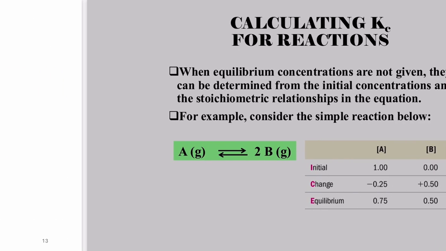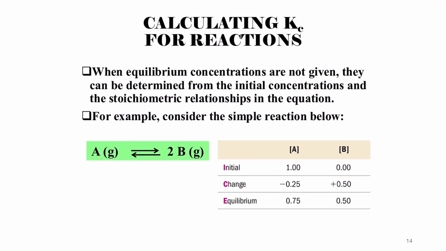Okay, and so where we're going to pick up a week from now, after the exam, is when they're not given: you can look at where you start, what the change is, and then solve for equilibrium concentrations. Oftentimes you don't know the initial amounts, and you don't know how much is created. In the lab we could measure the final concentration because we had something directly to compare it to.